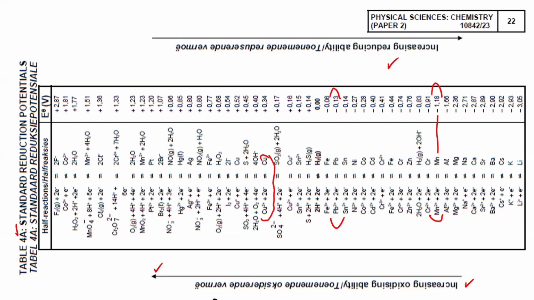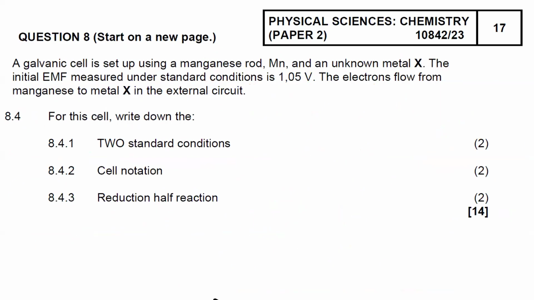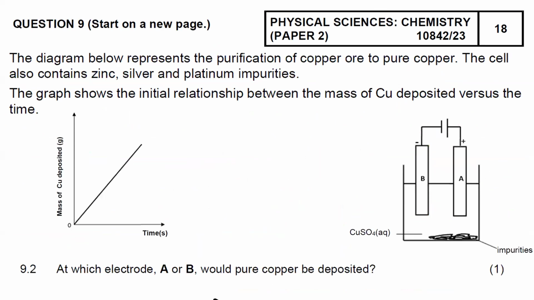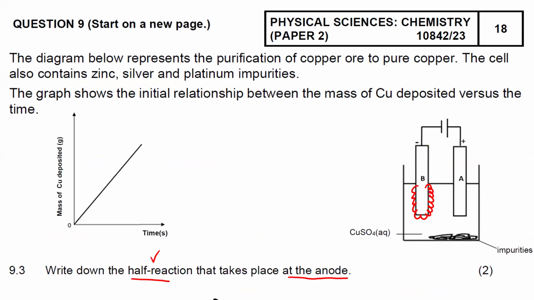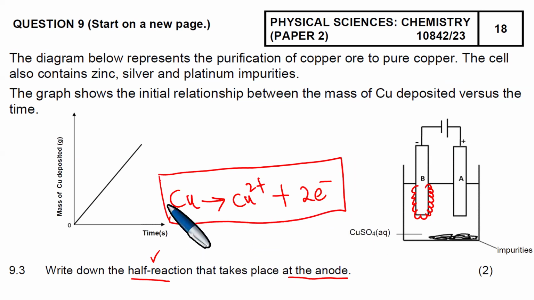And therefore, from this observation, the half reaction that takes place at the anode is going to be copper breaking down to Cu2+ plus 2 electrons.